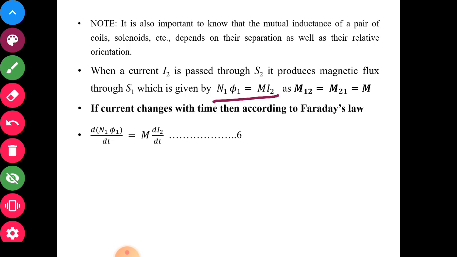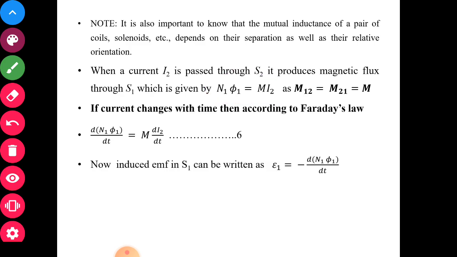So d(N1 phi1)/dt is equal to M dI2/dt. Now the induced EMF: N1 phi1 is the total flux associated with the first coil, so it will produce the electromotive force in the first coil or first solenoid. So E1, as you know, is equal to minus d(N1 phi1)/dt.